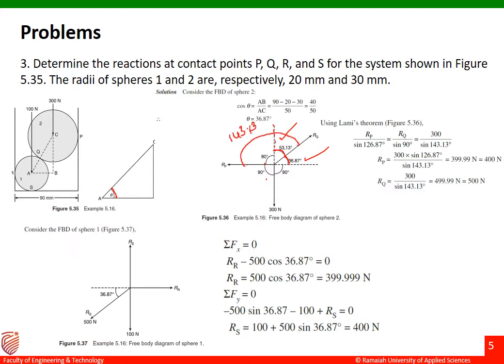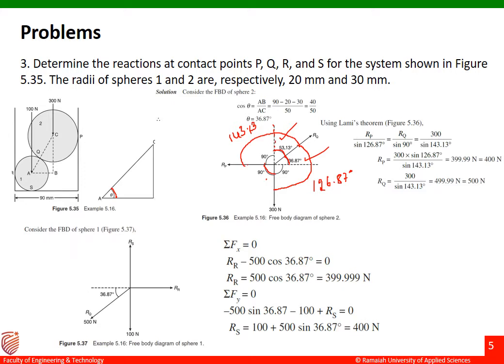Let me write it here. This is 143.13. The angle between RQ and the weight is 90 plus 36.87, that is 126.87 degrees. Now we have found the angles here.